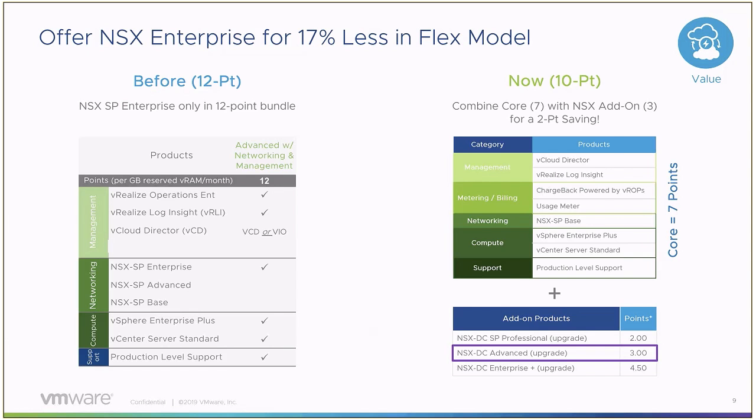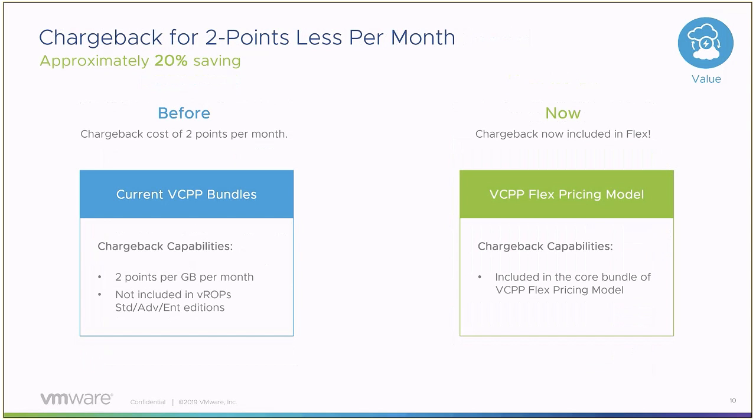Also for the service provider that wants to use chargeback: chargeback used to be 2 points per month, and now it's included in the new Flex model. So if you're already using it, you will pay less, and if you're not using it, I recommend you take a look at chargeback since it's now included.